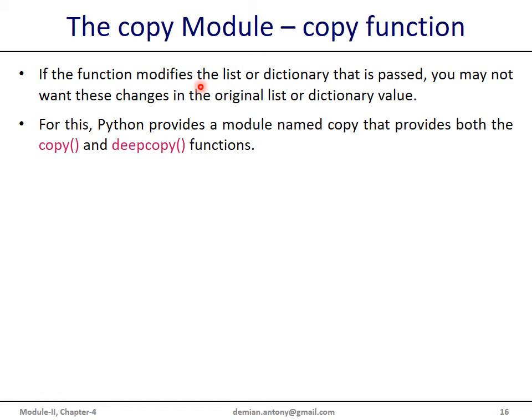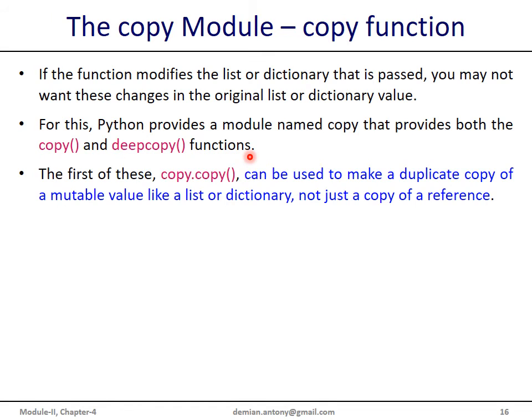If we don't want the effect of modification to be visible in the main program, we need to create a separate copy of the list that we are going to pass to a function. For this, Python provides a separate module called the copy module, which has two functions, namely the copy function and the deep copy function.